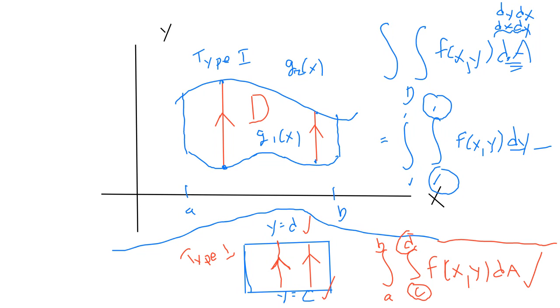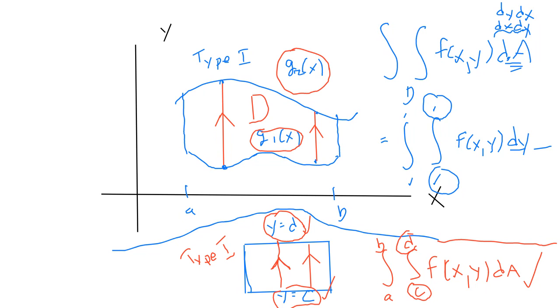It's just your bottom function is y equals c, a constant, a horizontal line, and the top function is the horizontal line y equals d. But now we have bounding functions on the top and bottom of our region D that are variable functions of x.